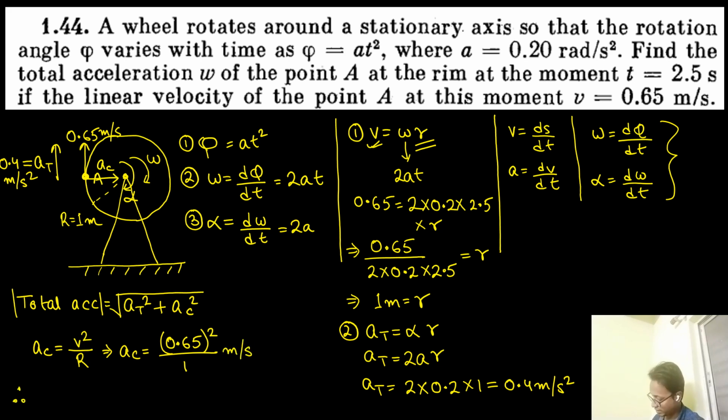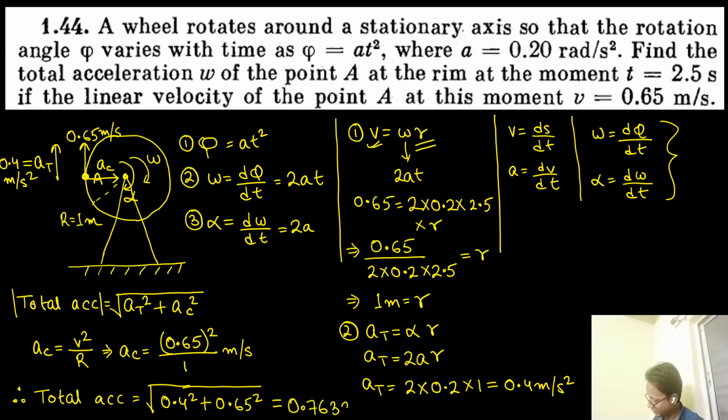Therefore total acceleration equals the square root of tangential acceleration square, 0.4 square, plus 0.65 square under root, which equals 0.7632 meter per second square.